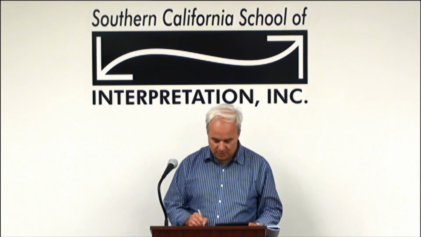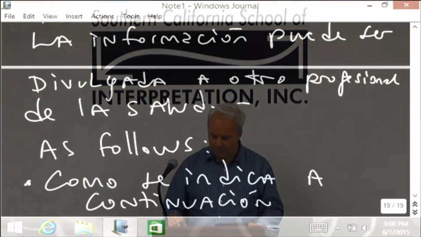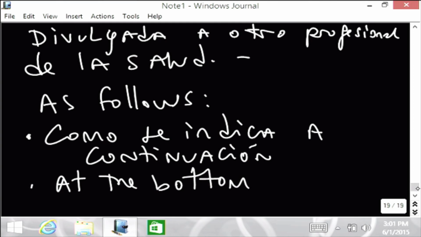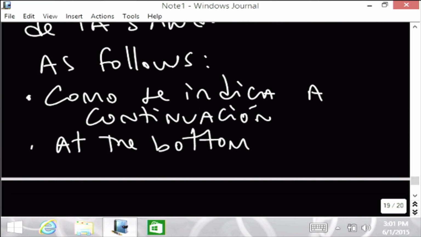Como se indica a continuación, please indicate what disease you had as follows. Como se indica a continuación, okay? It's different than when you hear at the bottom. Okay, sometimes they say, well, the information that is located at the bottom of this document. At the bottom means al pie de este documento.